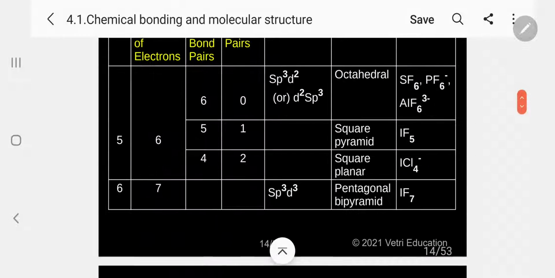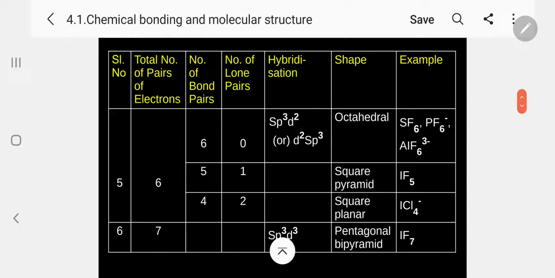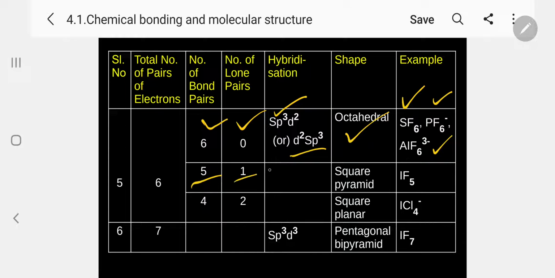So the number 6 example: 6, 0, sp3d2 or d2sp3, shape will be octahedral, that is SF6, PF6 minus, AlF6 3 minus. If it is 5, 1, one lone pair, the octahedral changes into square pyramid, IF5.